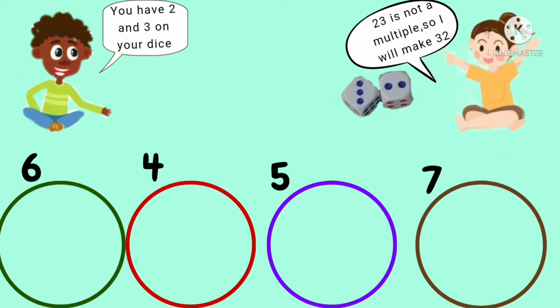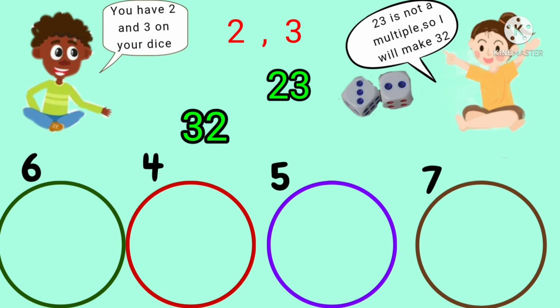Next, Paheli rolled the dice and 2 and 3 came on the dice. So, from 2 and 3, she can make the numbers 23 and 32. Since 23 is not a multiple of any of the given numbers, she will take 32.